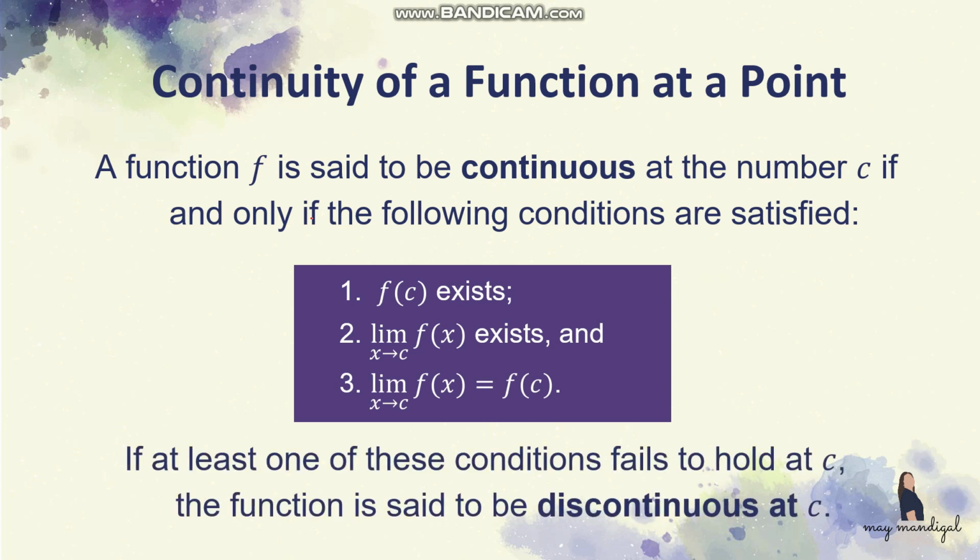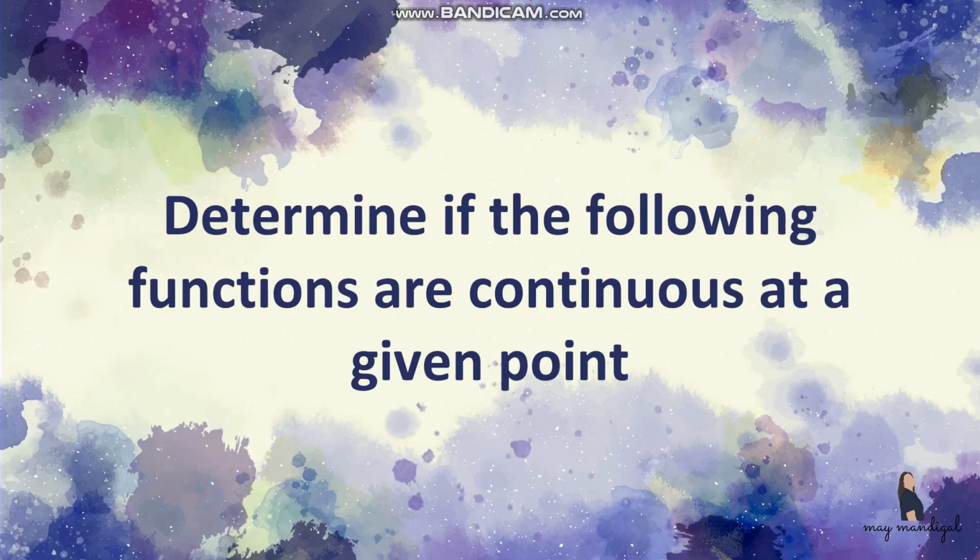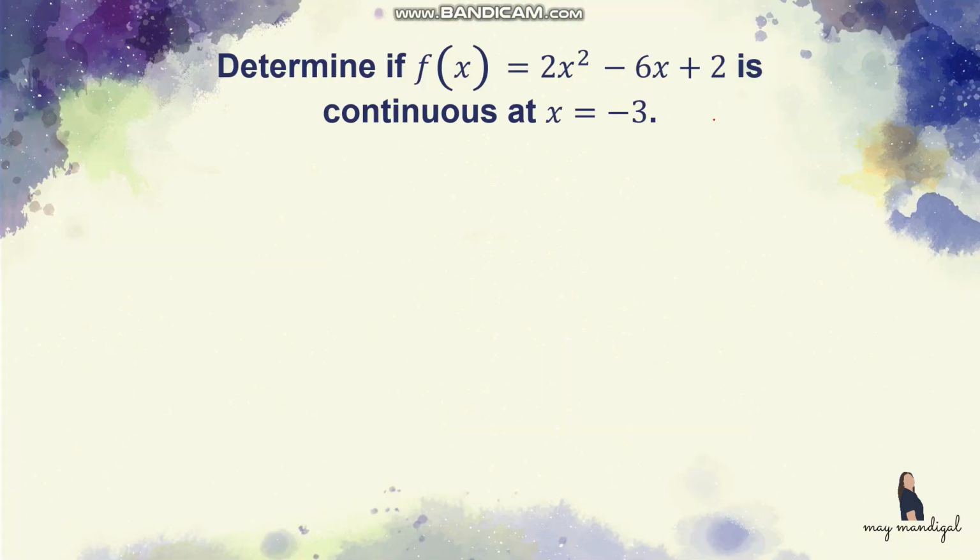If at least one of these conditions fails to hold at c, the function is said to be discontinuous at c. So what do we mean by discontinuous at c? Maybe there is a hole at that value, or the graph breaks at that particular value, and so on. Now let's determine if the following functions are continuous at a given point. First, determine if f of x equals 2x squared minus 6x plus 2 is continuous at x equals negative 3.